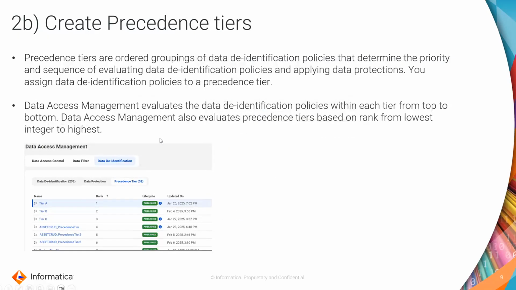After that, we'll create a precedence tier. Precedence tiers are ordered groupings of data de-identification policies that determine the priority and sequence of evaluating data de-identification policies and applying data protection rules.